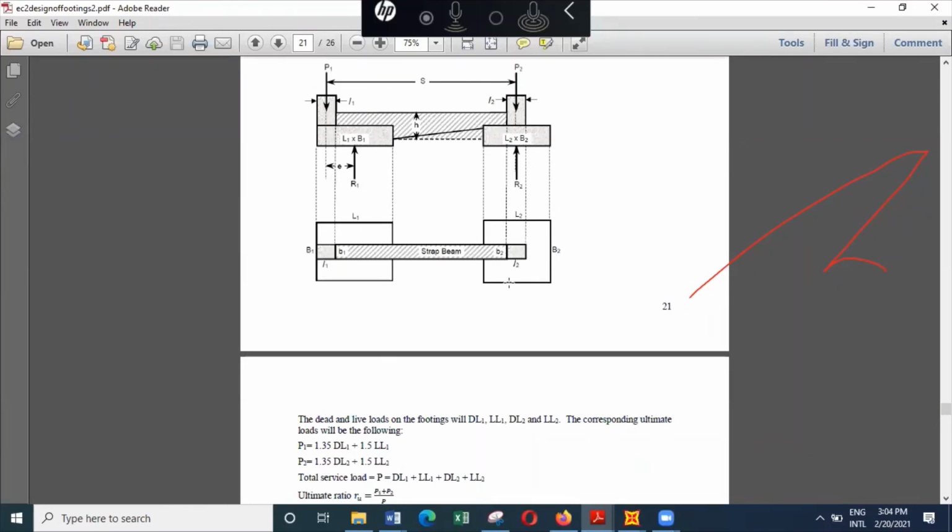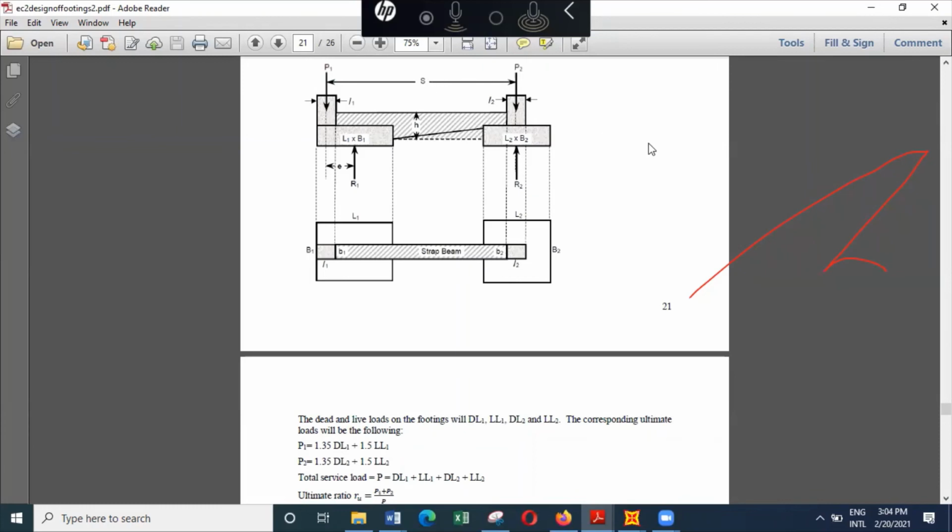And this will have the main reinforcement this way as well as this way at the bottom, and in the top, if you want, you can provide some nominal reinforcement. And in addition to that, there will be top reinforcement in the strap footing, the strap beam, and some reinforcement here if it can be loaded downwards.